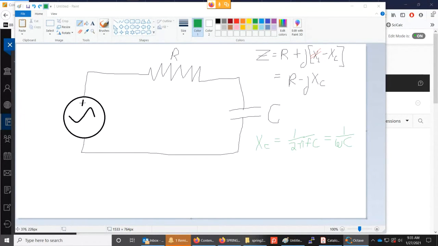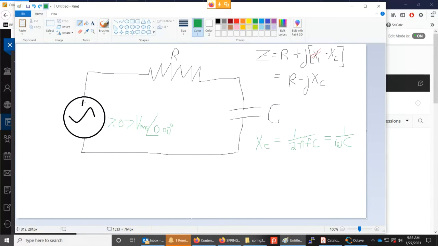And so if our voltage waveform, if our voltage here is 7.07 volts RMS at an angle of 0 degrees, all right, this is our reference voltage.